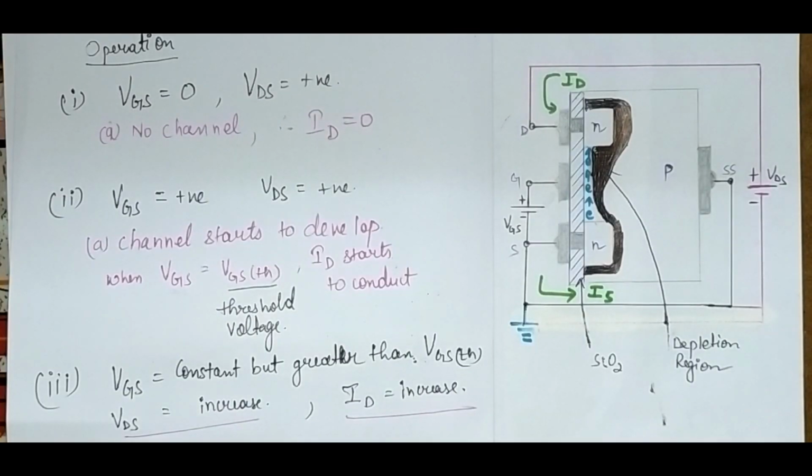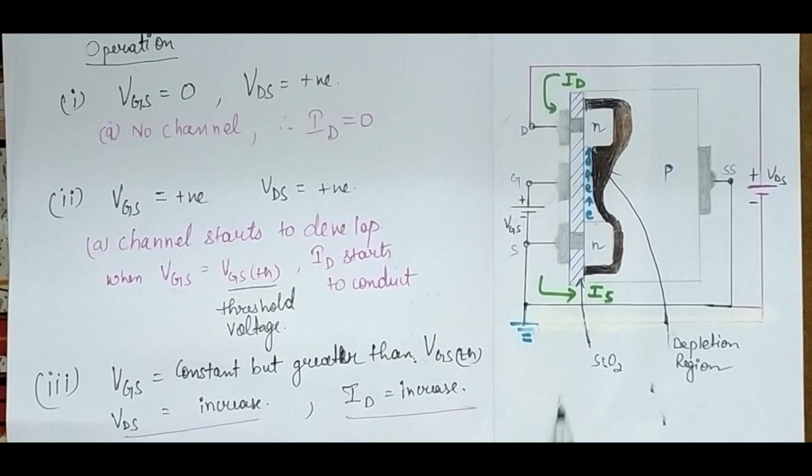As you have seen, when VGS is less than VGS threshold value, there is no induced channel and the drain current ID is 0. When VGS is equal to the threshold value, the MOSFET is turned on and the induced channel conducts drain current from the source to the drain.